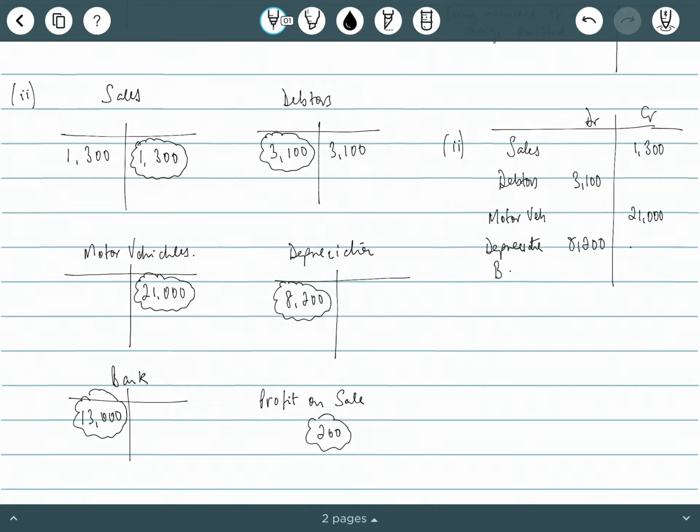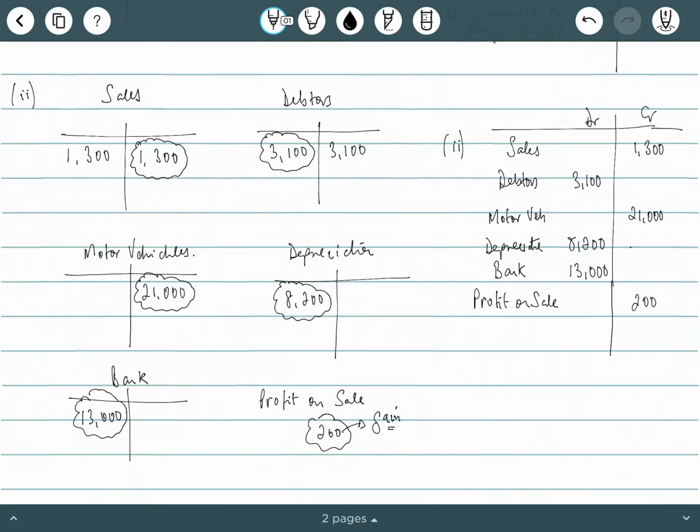Bank, which is 13,000. We've got profit on sale. We know that profit on sale, gentlemen, will be a gain, and a gain is a credit entry. Remember, that's a gain. We know a gain is a credit entry.